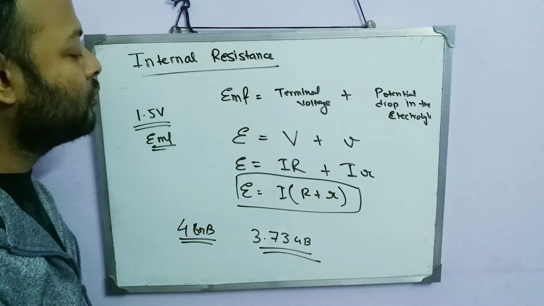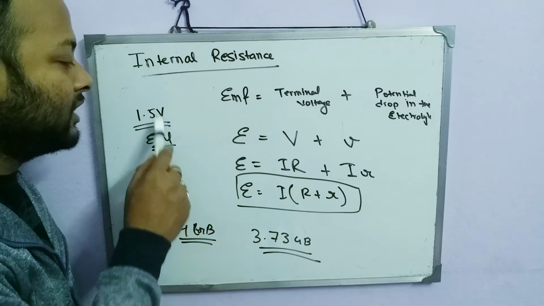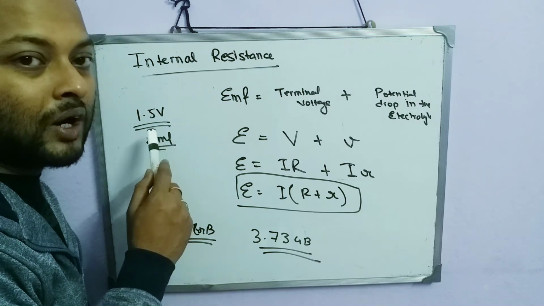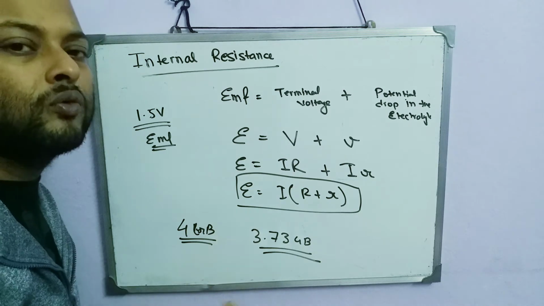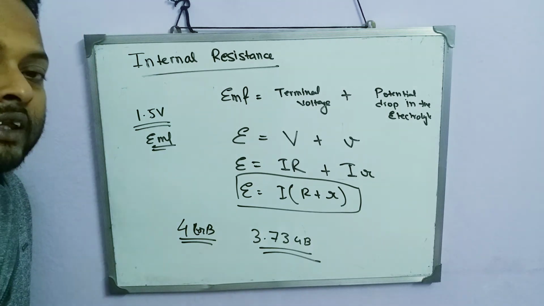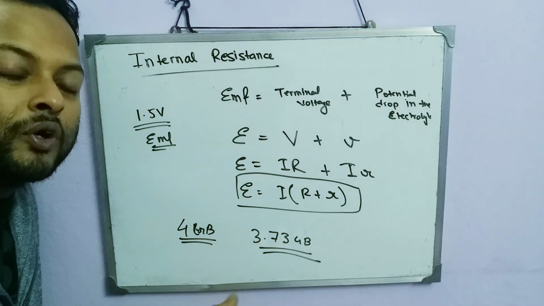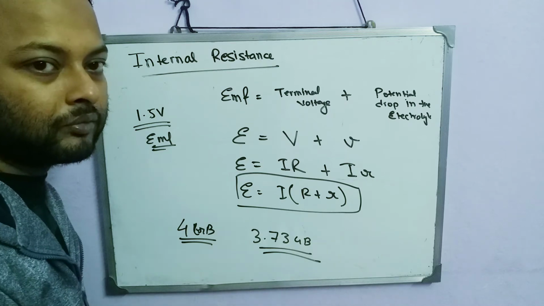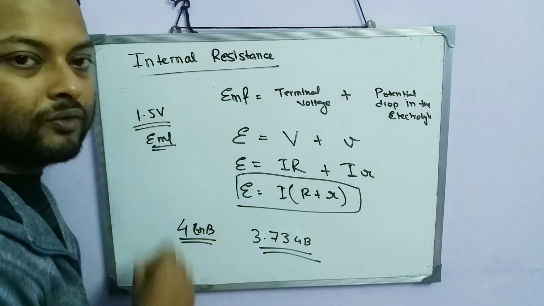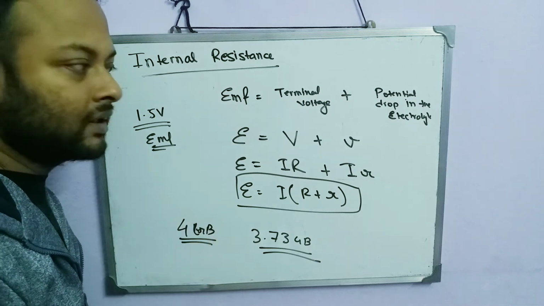So you cannot use the entire 1.5 volt. You will be using something less than that, 1.2 volt or 1.3 volt, and the extra voltage is lost because the internal resistance of the cell or the battery is using some of the voltage from the battery itself. So I hope you understood what this internal resistance is about.